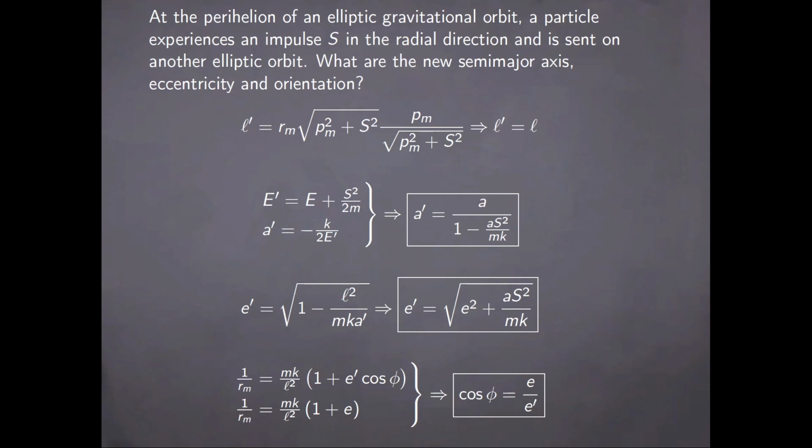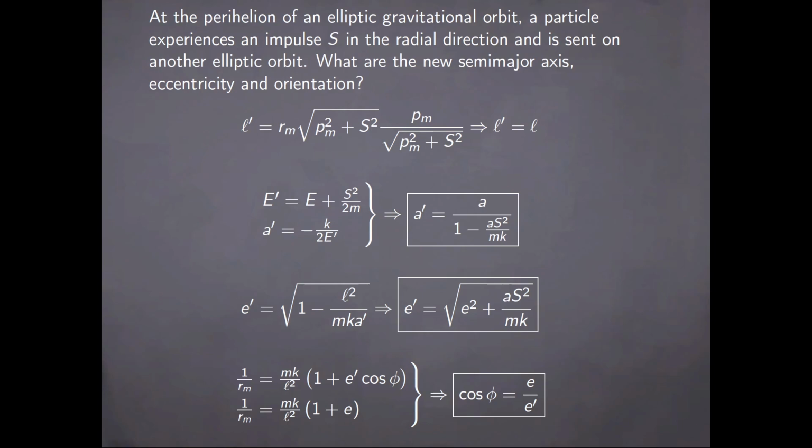And this is simply going to be the original linear momentum divided by the same square root. So these two factors simplify, and as such the result should be obvious from the very beginning. The orbital angular momentum is unaffected by such a collision, since the impact is parallel with the radial vector.